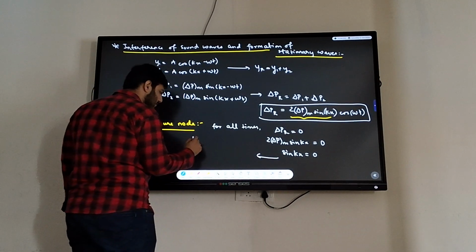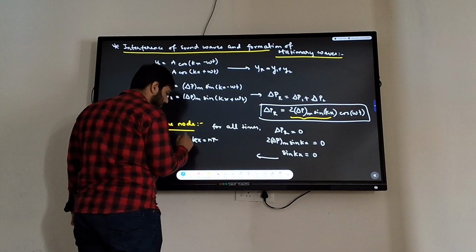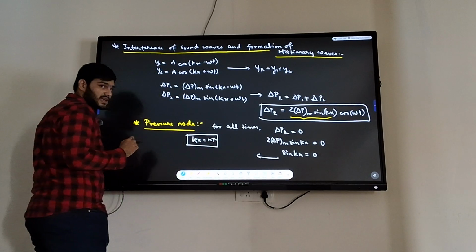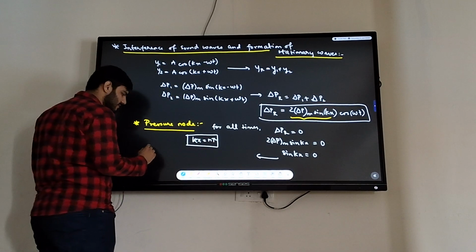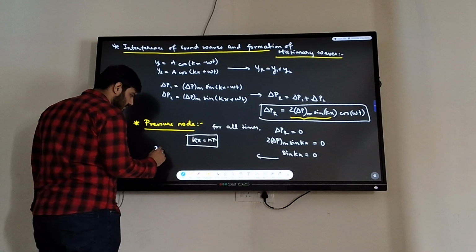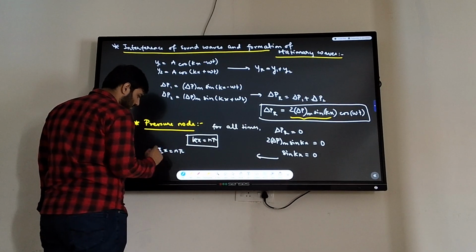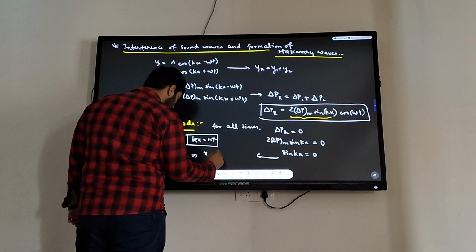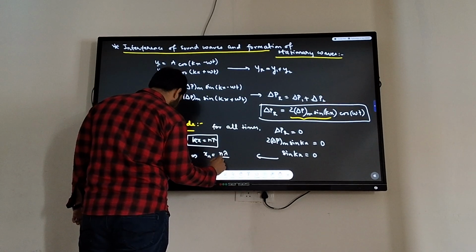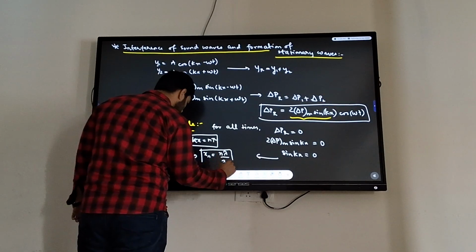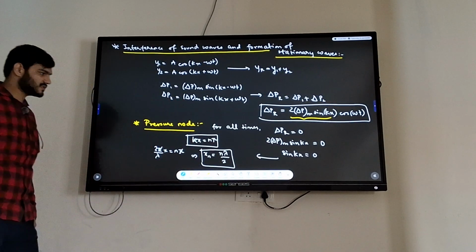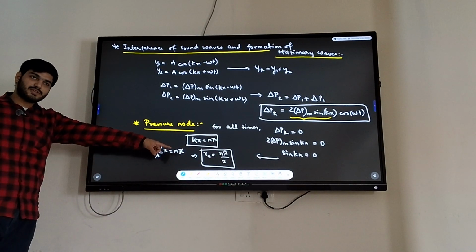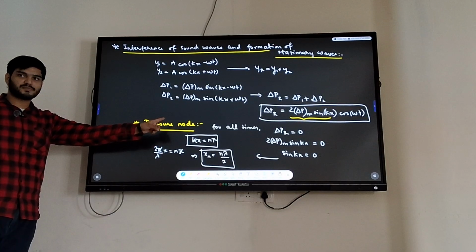So kx should be equal to n pi. This is the condition on kx. And k can be written as 2 pi by lambda. And then what will you get? The pi cancels, and you will get the positions to be n lambda by 2. These are the positions at which you will find pressure nodes.